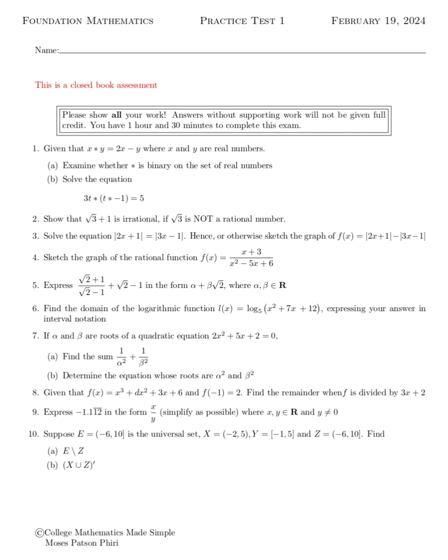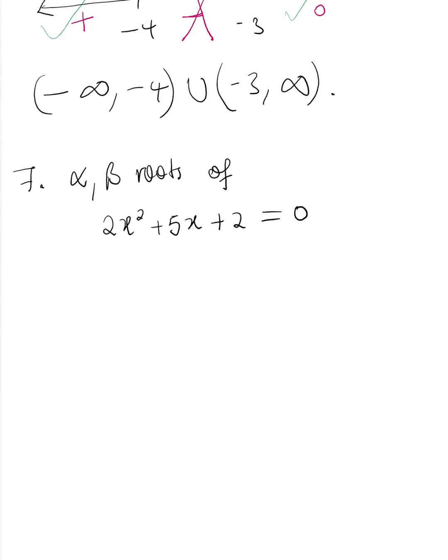Question 7 says alpha and beta are roots of a quadratic equation, 2x squared plus 5x plus 2 equals 0. Now we want to find the sum and an equation that connects alpha squared and beta squared.